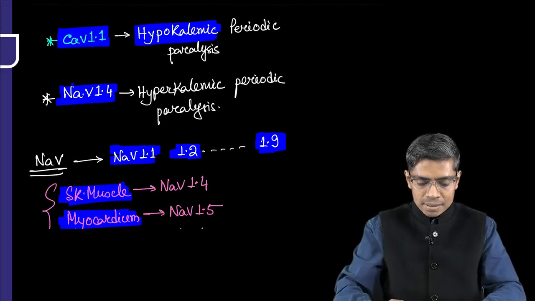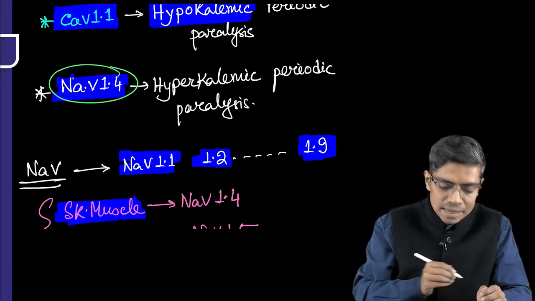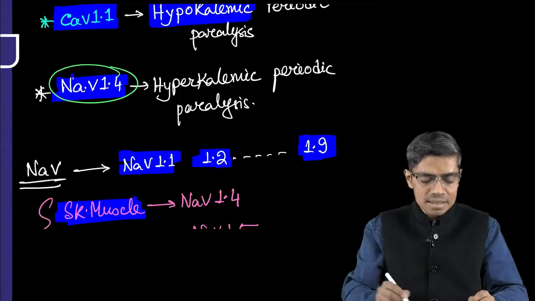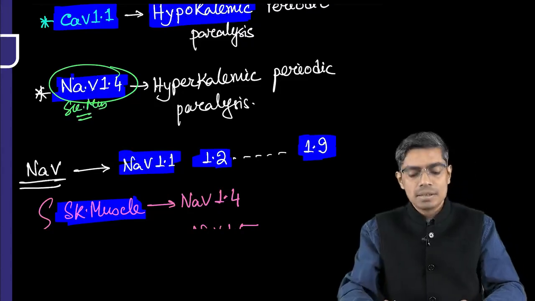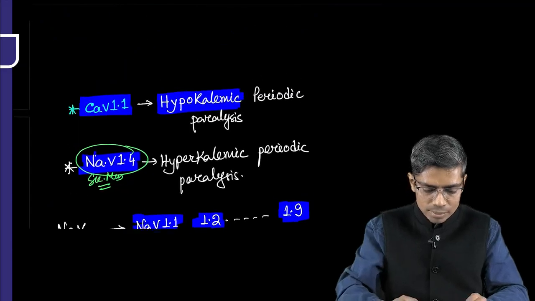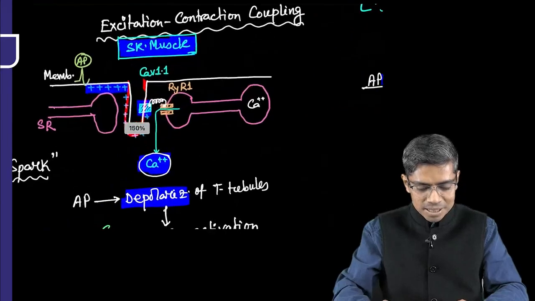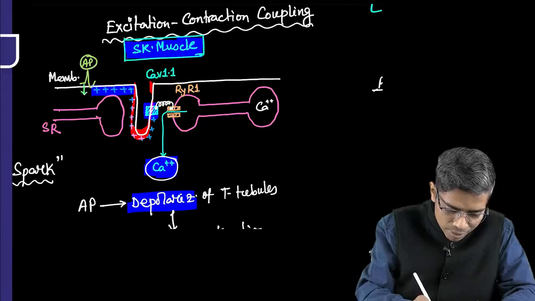So I told you that hyperkalemic periodic paralysis is due to mutation of the NAV 1.4 subtype, that is the skeletal muscle voltage gated sodium channel. If I go back to this diagram once again, the excitation contraction coupling diagram of skeletal muscle, I told you the action potential is based on the voltage gated sodium channel.